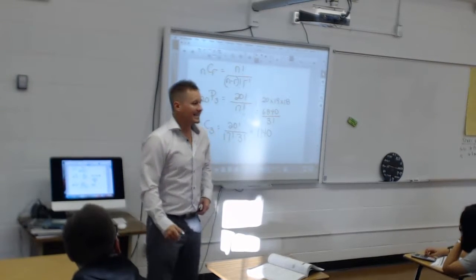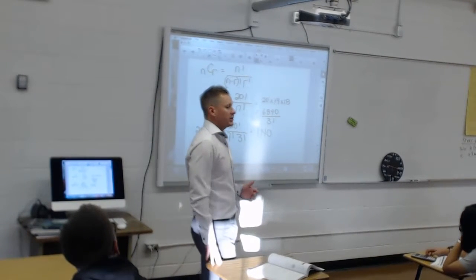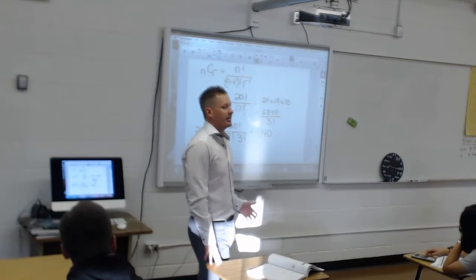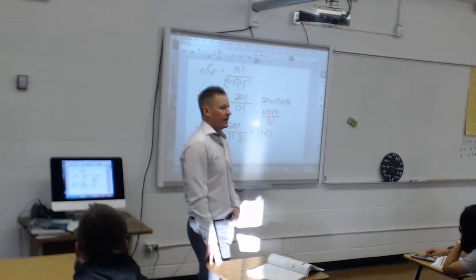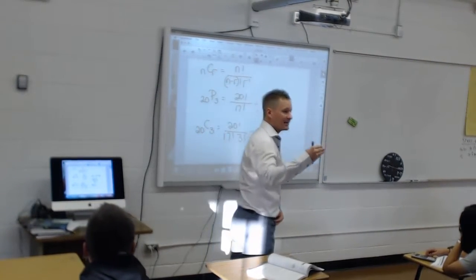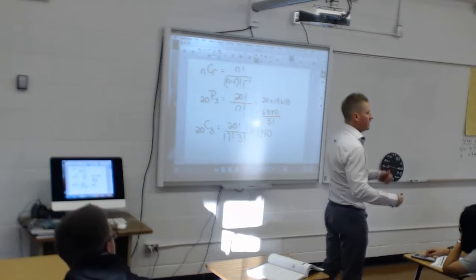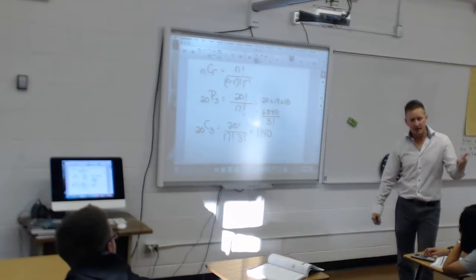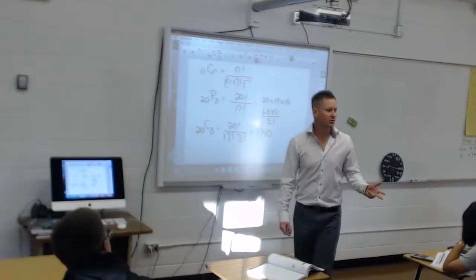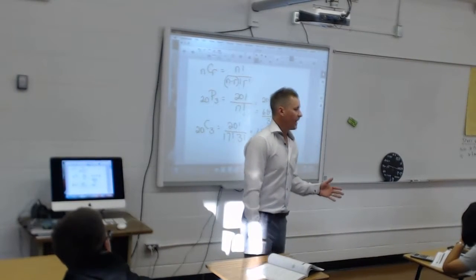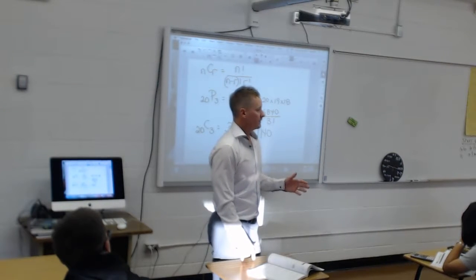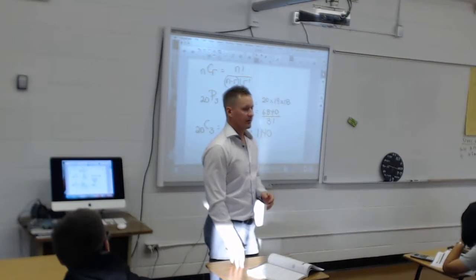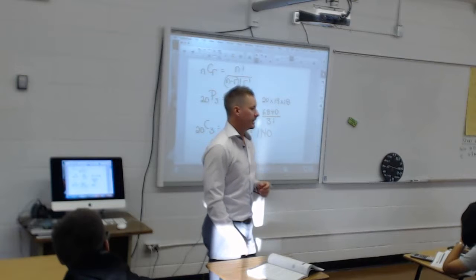So if order is not important in the question, you use a combination. If they specify that there has to be some sort of order, you need the first, the second, or the third place person, you need a president, vice president, treasurer, they'll specify. Then you use a permutation. If they don't, then it's just a simple combination.